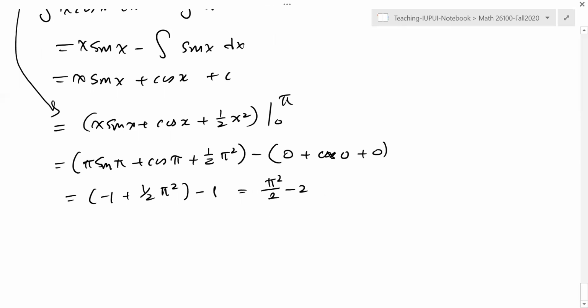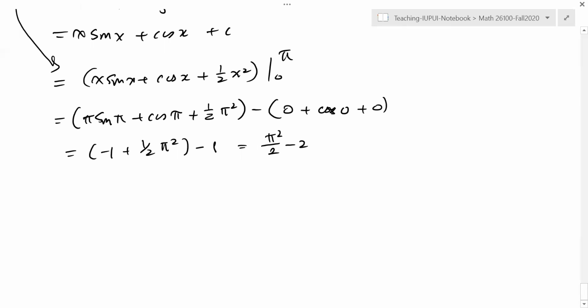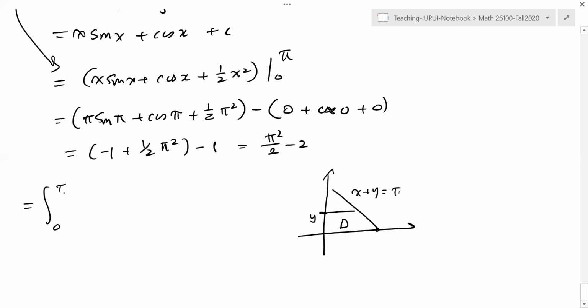So let's try another way to evaluate this iterated double integral. This time I'm going to choose the y variable. y starts from 0 to pi, dy.